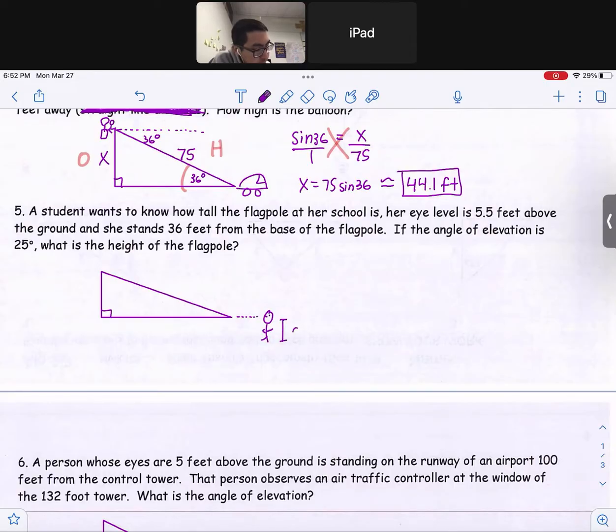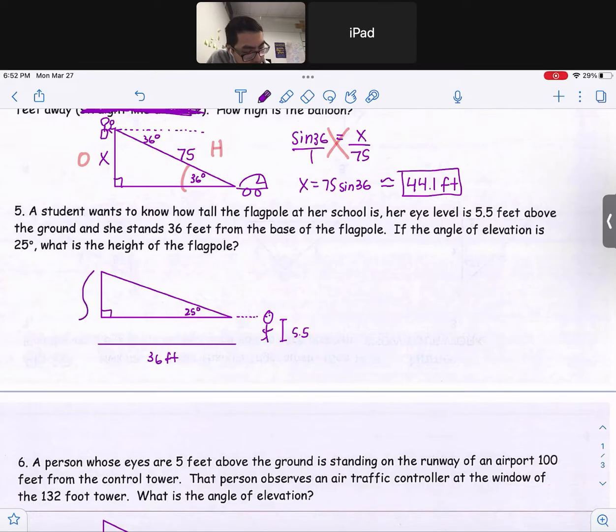She stands 36 feet from the base of the flagpole. So 36 feet away from the flagpole. If the angle of elevation is 25 degrees from her eyesight, how tall is the flagpole?